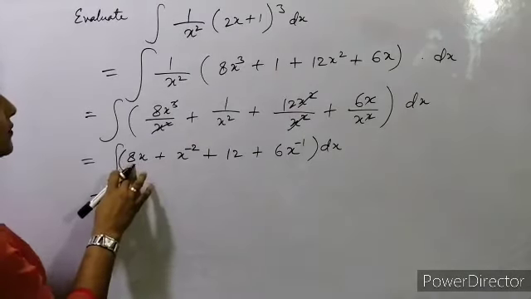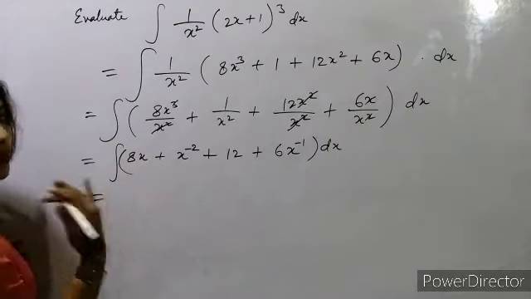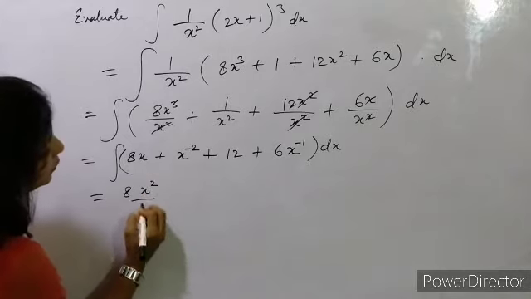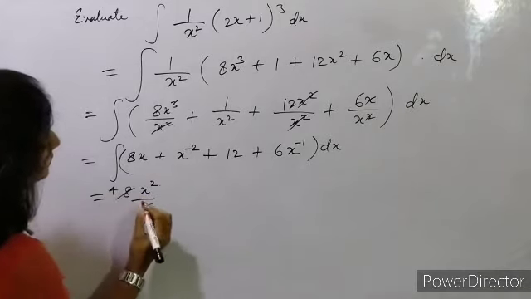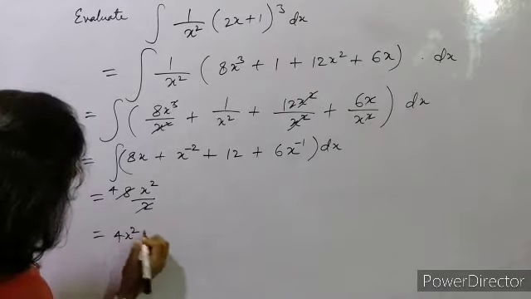So integral of this function, what we'll get, x का पावर 1 है, so x का पावर 2 हो जाएगा, 8 into x का पावर 2 divided by 2, so ये होगा 4. Okay, so यहाँ पे होगा 4x².